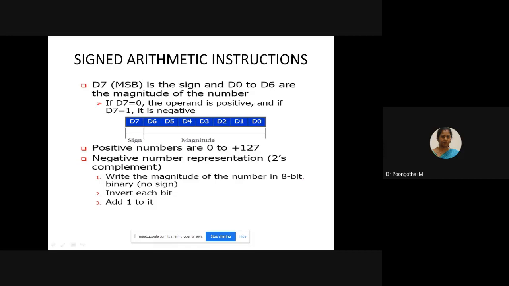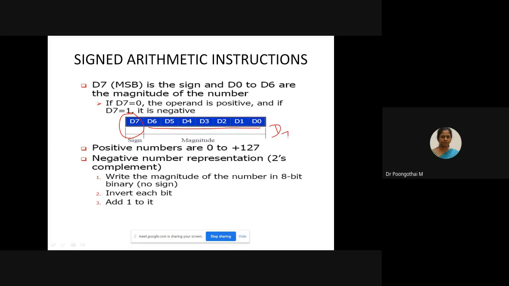So D7, the MSB, holds your signed magnitude. The remaining bits, D0 to D6, represent the number.